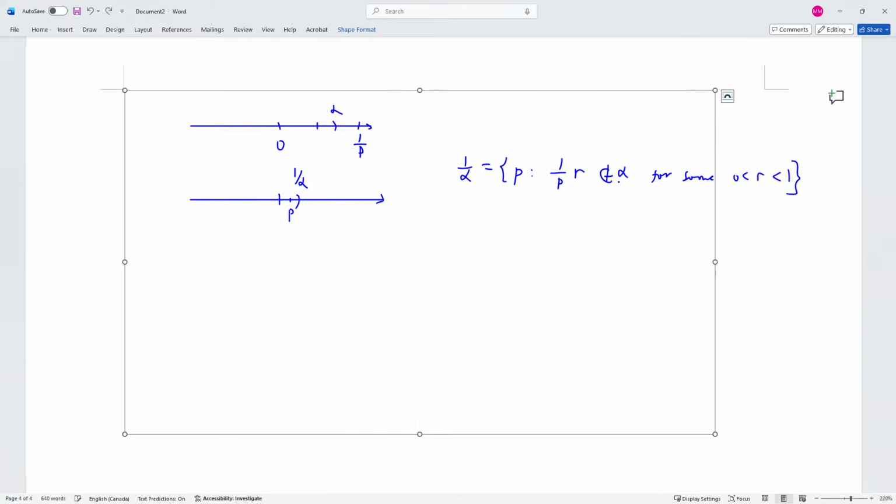Okay, so that's the idea, and we still want the negatives as well. Here alpha is in R plus.